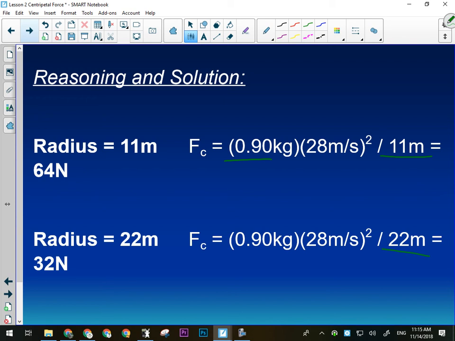What we find is for the smaller radius, the centripetal force is 64 newtons. For the larger radius, half that. So we doubled the radius, we got half as much force. So inverse relationship, increasing the radius will linearly decrease the centripetal force in that situation.